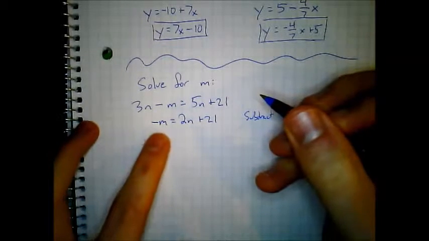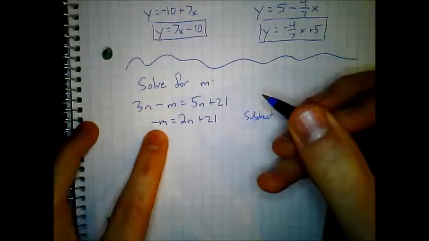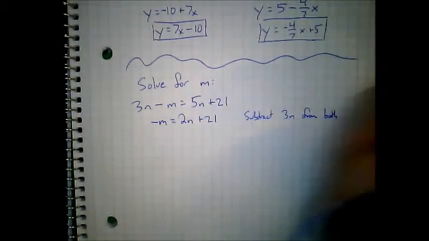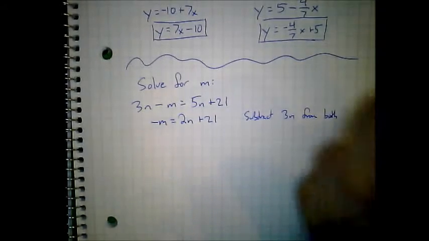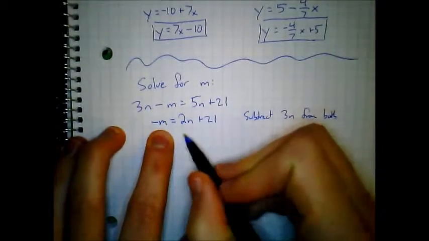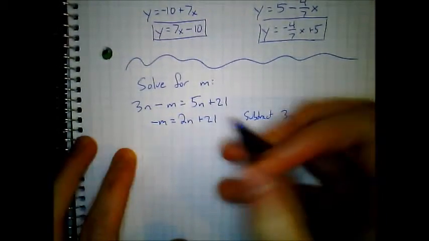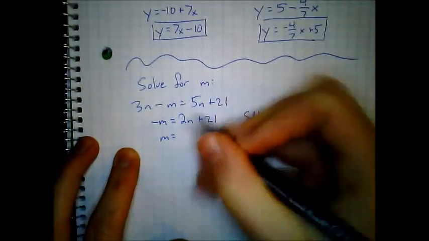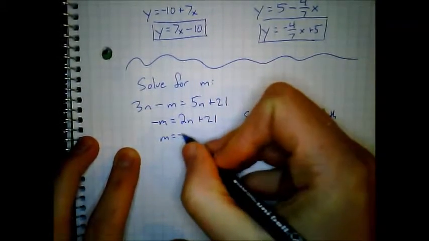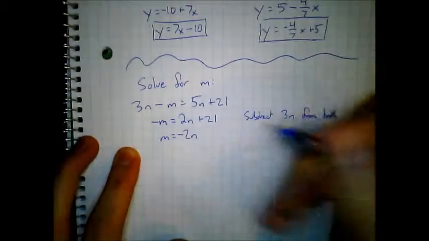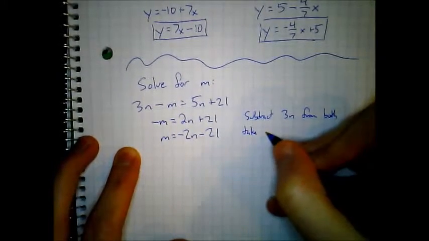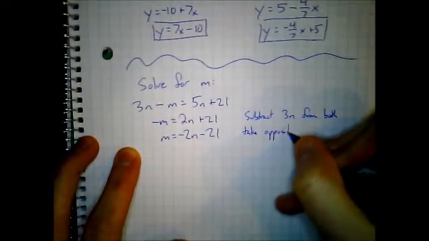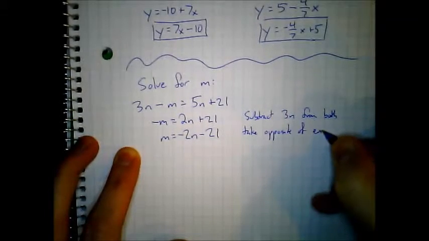Well, I don't want to know what negative m is. I don't want to know what the opposite of m is. So I'm going to divide everything by negative 1 or take the opposite of everything. Both do the same thing. So the opposite of m equals 2n plus 21. So that means regular m equals, well, the opposite of 2n is negative 2n, and the opposite of plus 21 is minus 21. So I take the opposite of everything.